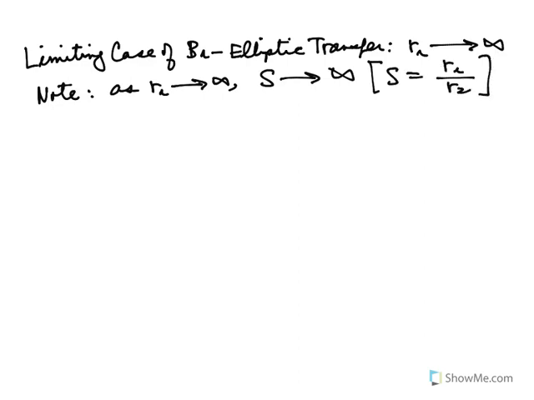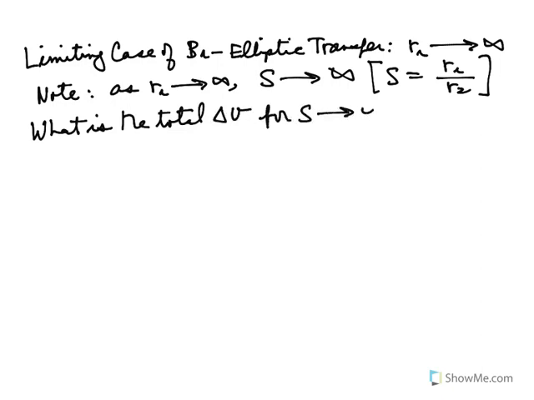So as Ri approaches infinity, so does S. So we can work with these delta V's now, and figure out the total delta V for S going to infinity. Well, when S approaches infinity, this transfer is what's called a bi-parabolic transfer.